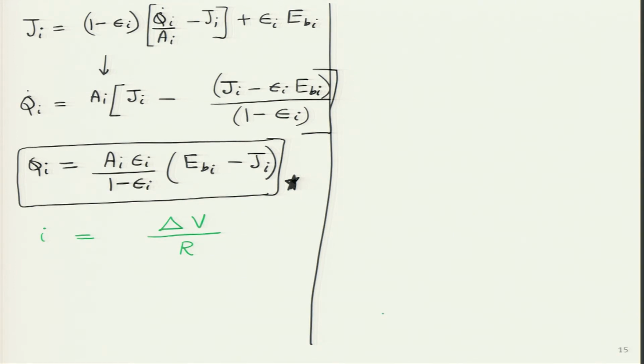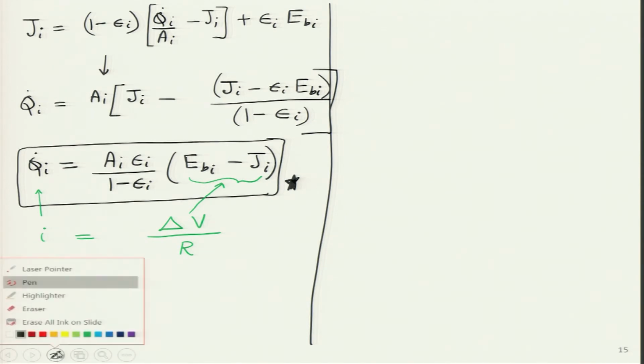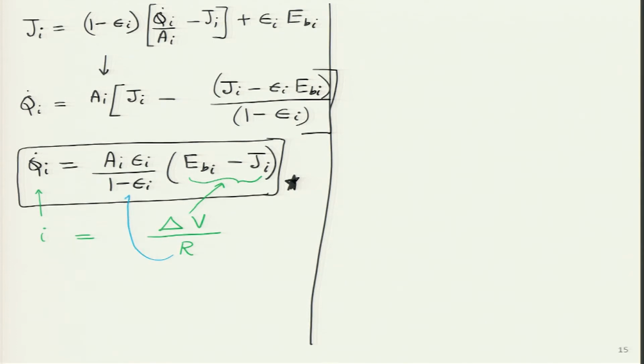So, we are seeing some voltage drop term over here, because we are seeing two terms which are subtracting one another, and Q dot can be considered as the current term. So, we are seeing some sort of an electrical analogy. If I do this particular analogy, what I get over here, maybe I will show in blue color, is that this term is the inverse of resistance. So, I get the resistance value as 1 minus epsilon I divided by A I epsilon I.